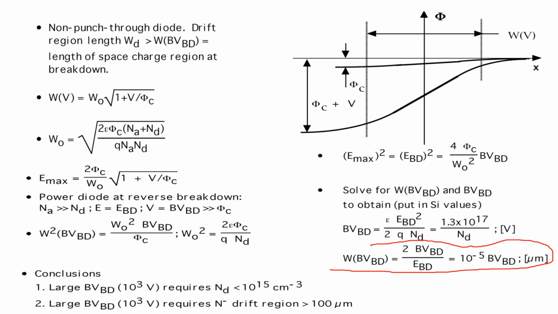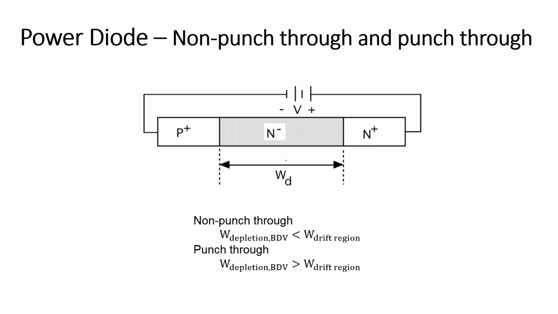So this expression says that if breakdown voltage increases, what happens to the width of the depletion region? It increases. Now if you want to accommodate this whole depletion region inside the drift region, there are two things I am talking about.